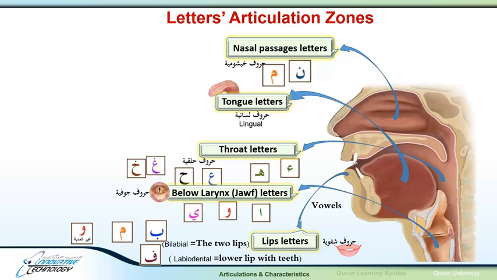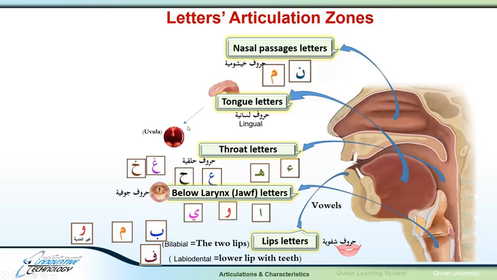And it acts as a major player in creating our language. The way letters are pronounced or mispronounced is primarily because of the way we play with our tongue. So, due to its importance, the lingual letters are further classified into several classifications.